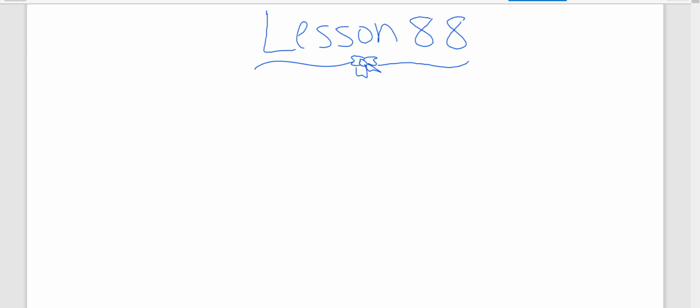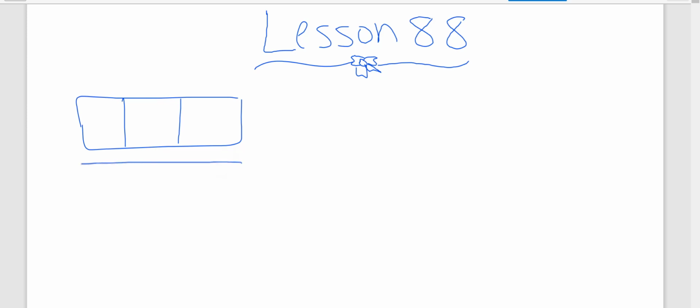If we have two bars of sweets, the first bar, divide it into three equal parts, and the other one into eight, like this.